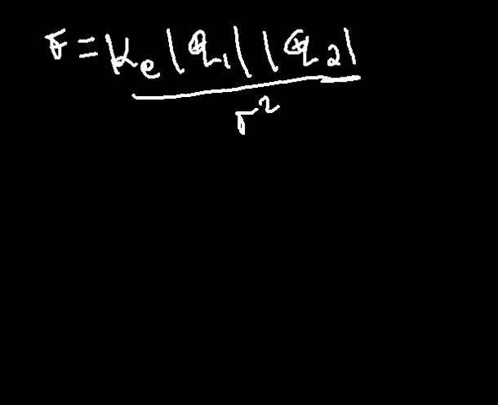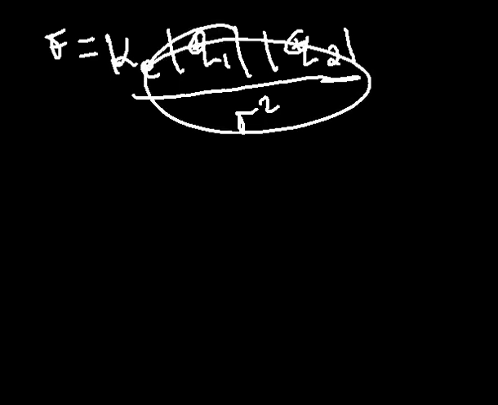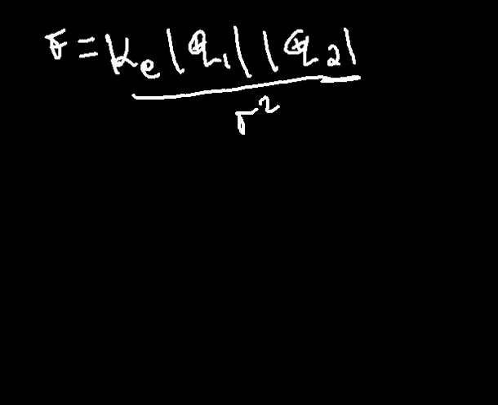And the Coulomb's law obeys what we call the inverse square law, because the separation distance always has to be squared. Also, the Coulomb's law has some traits similar to Newton's law of gravity.